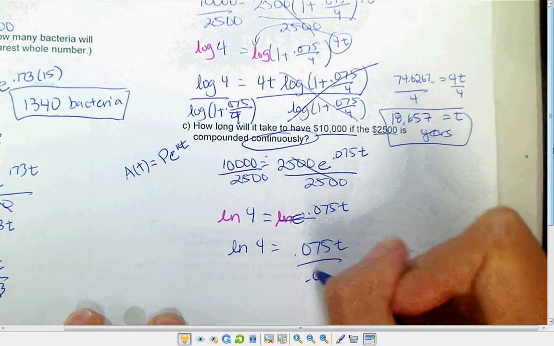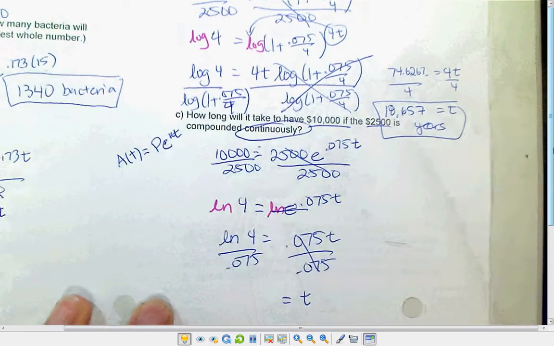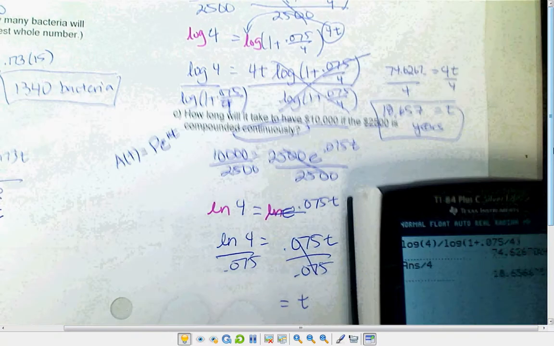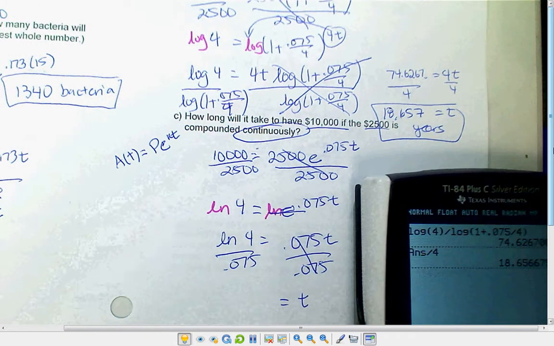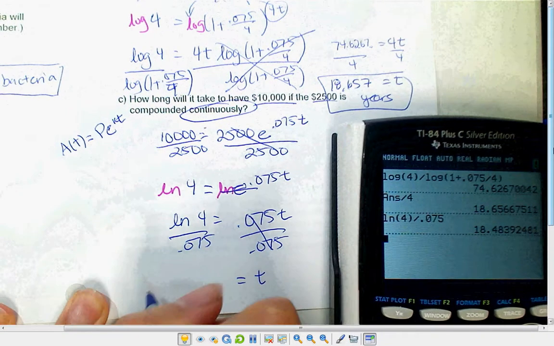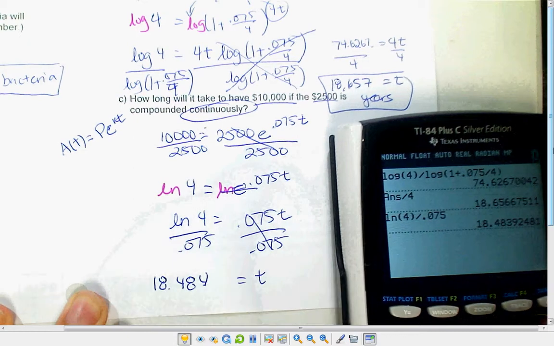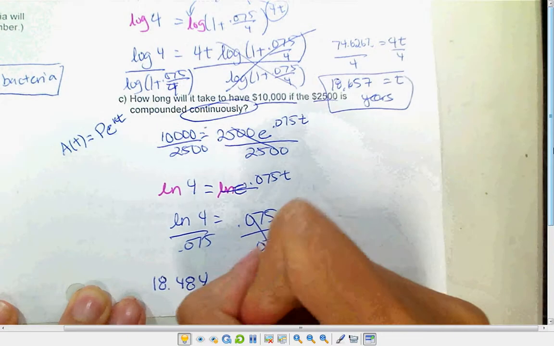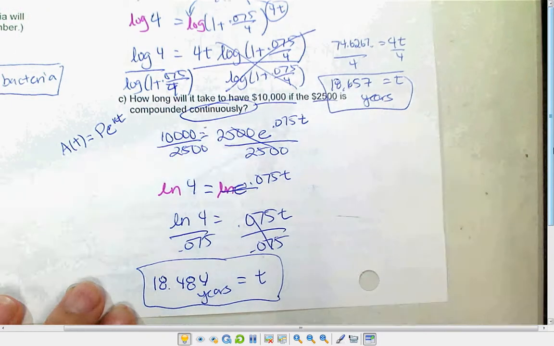One more step, divide by 0.075, and I know that my t is equal to ln of 4 divided by 0.075, which gives me 18.484 years. So slightly less time if it's continuous than if it's compounded quarterly.